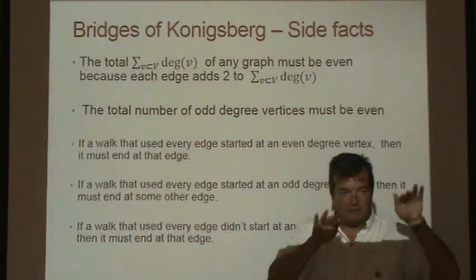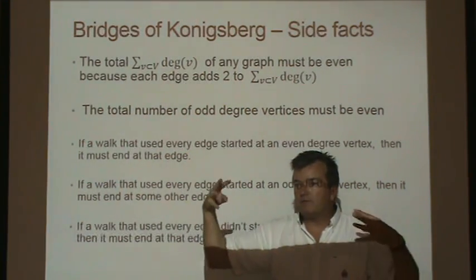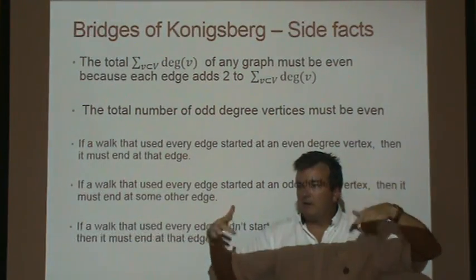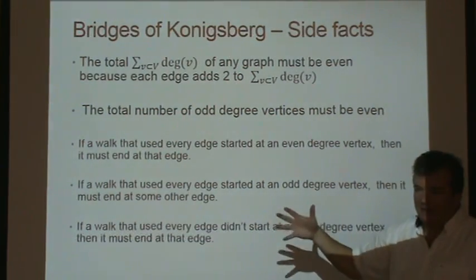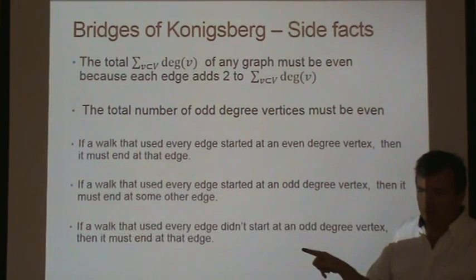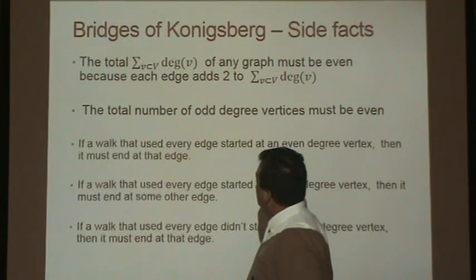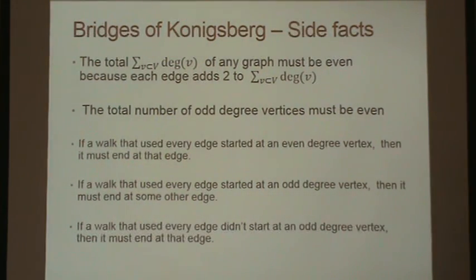So you put out all your vertices, they'd all have degree 0, then you add an edge. Now 2 of your vertices went up by 1. Since 2 of them keep going up, the total of all the degrees has to be even, because each edge has 2 endpoints. We add 2 every time we add an edge. So the total of the degrees of all your vertices together must be an even number.